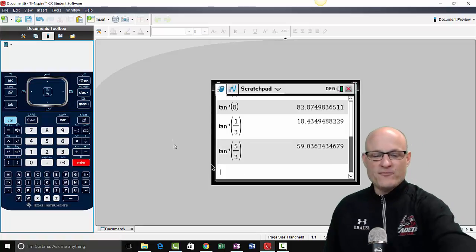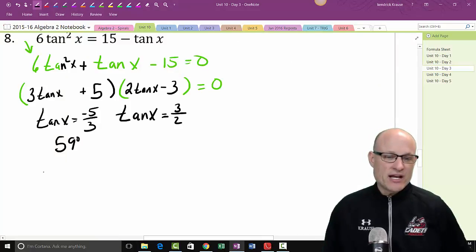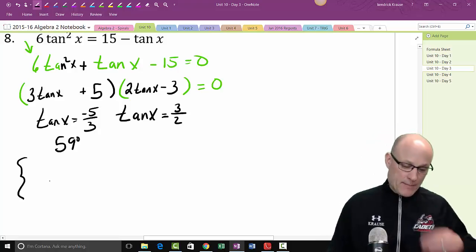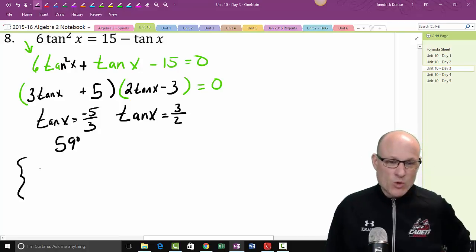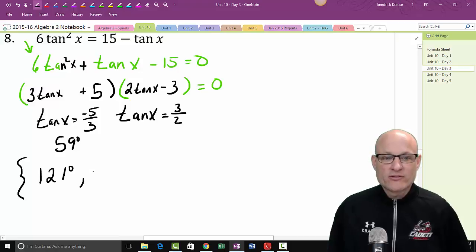I get 59 degrees. I am not going to keep the 59 degrees, however, because it is negative. So I have to do 180 minus 59. That's 121 degrees. And then 360 minus 59 is 301 degrees.